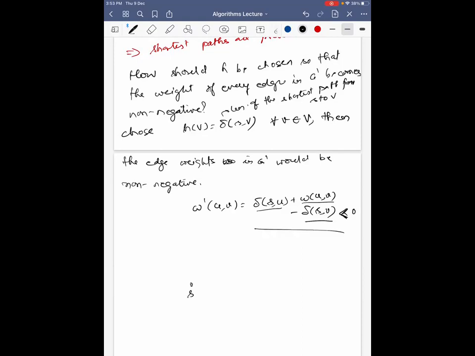See, you have the source vertex S, U, V. Let's say this is the shortest path. Now, if the shortest path distance from S to V is less than this distance, then I could have easily taken this path to obtain a much shorter distance to V from S than taking this path.